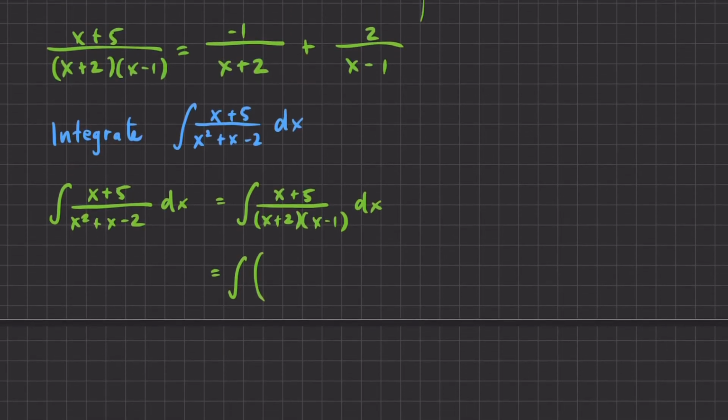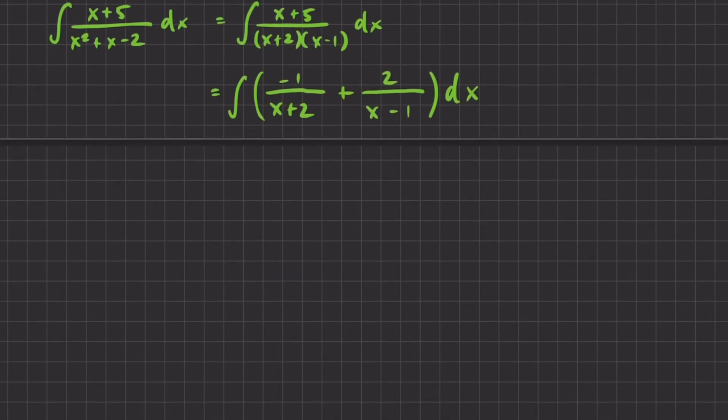And what did we have here? We had that this is equal to negative 1 over x plus 2 plus 2 over x minus 1 dx. And we'll split this integral up.